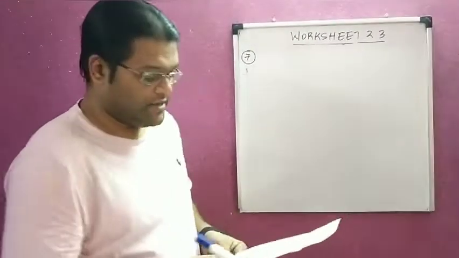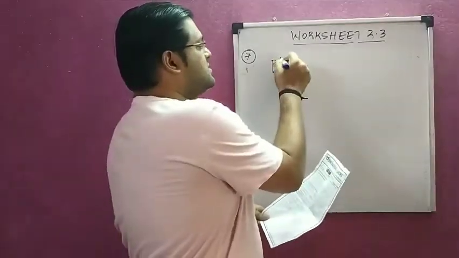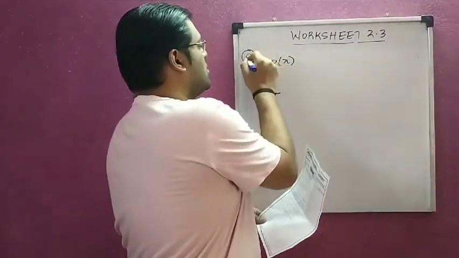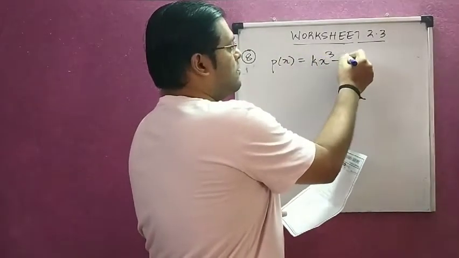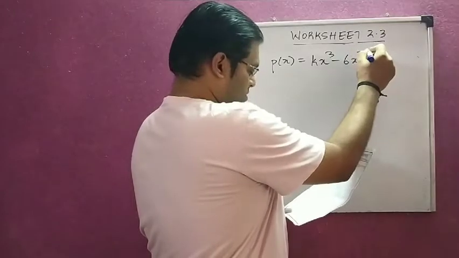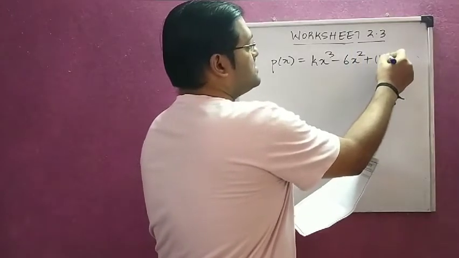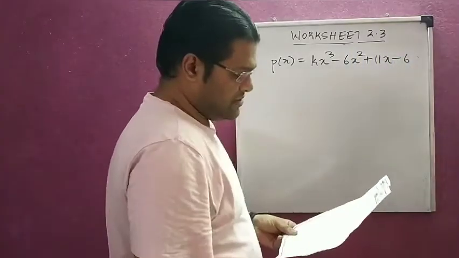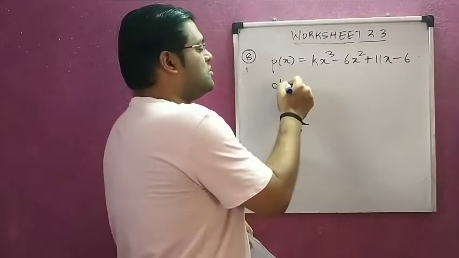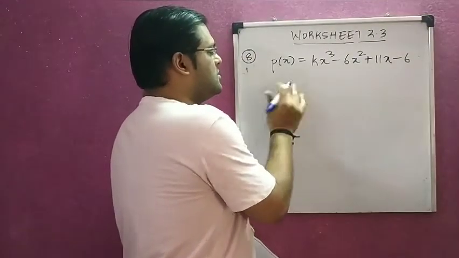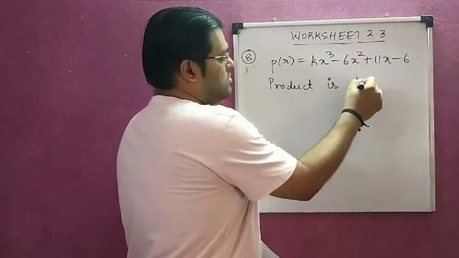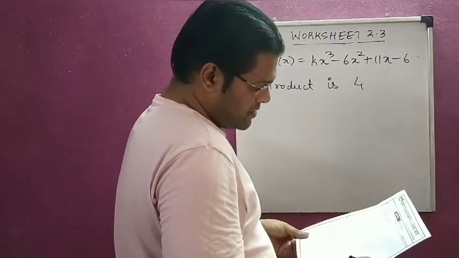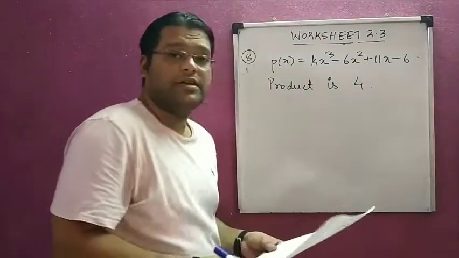Question 8. The polynomial is kx cube minus 6x square plus 11x minus 6. We are being told that the product of the roots is 4. Find the value of k.